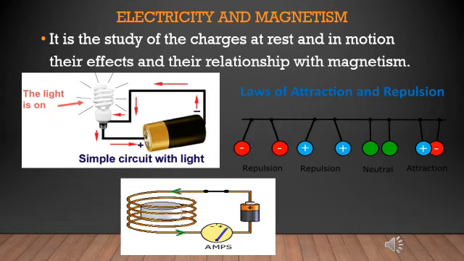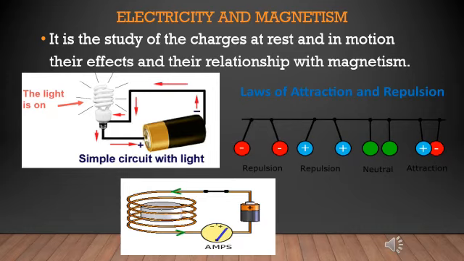Whenever the current passes through any iron core, the magnetic effect is produced. You can say that whenever the current passes through any electromagnet, the magnetic effect is produced.